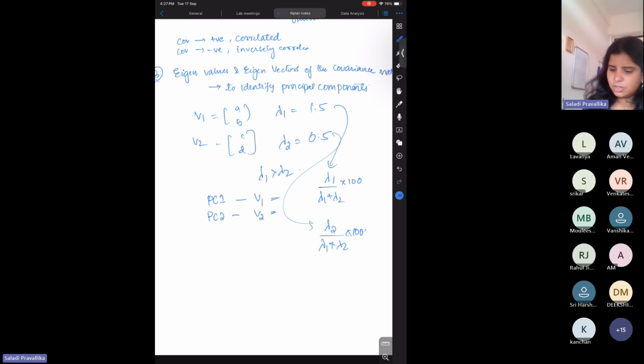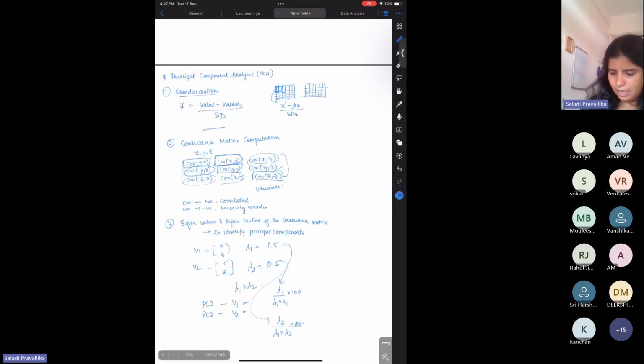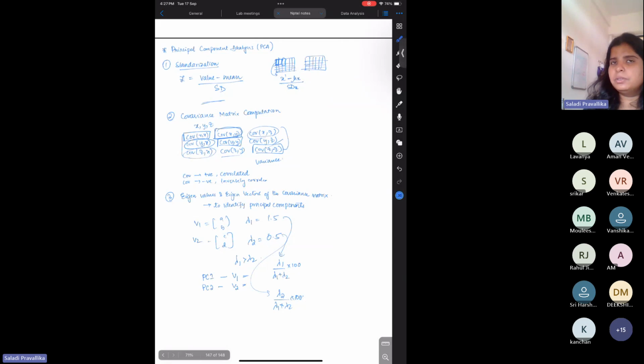So that is step 3. Once again, we'll have a quick recap. The first thing we have to do is standardize the data. We take each value, remove the mean value from it, and then divide it by the standard deviation of the entire data set.